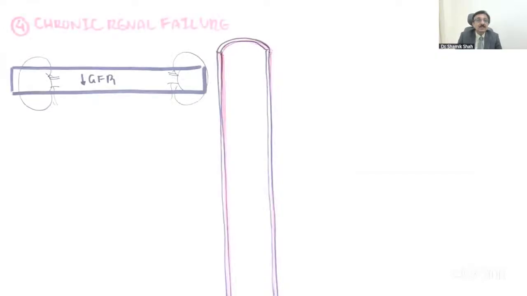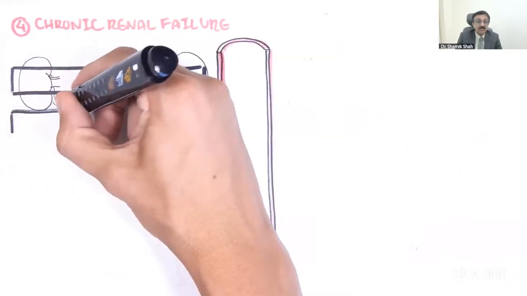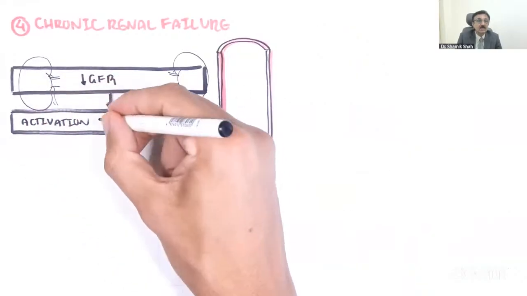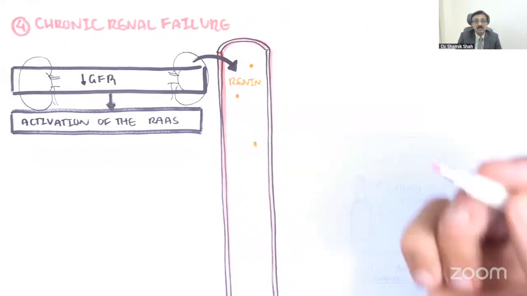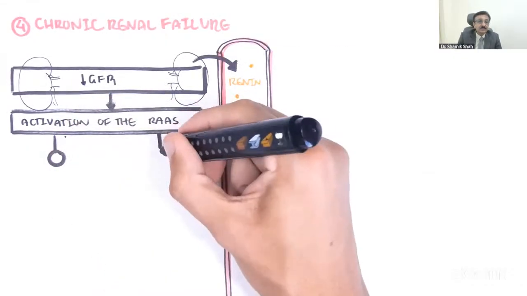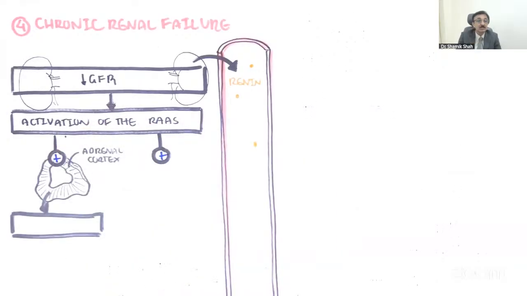Now, when we talk about other disease conditions which cause this hypervolemic hyponatremia, chronic renal failure is another important cause. We know that in chronic renal failure, the GFR reduces, and therefore there is an activation of the renin-angiotensin-aldosterone system. So what happens when there is an activation of the renin-angiotensin-aldosterone system?